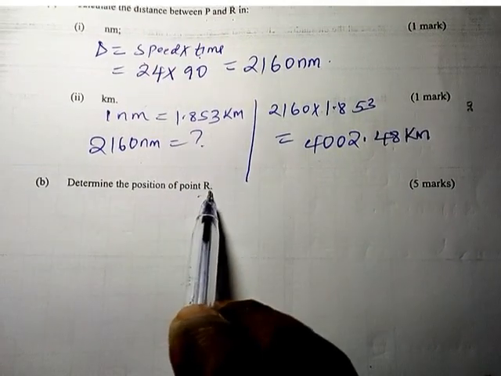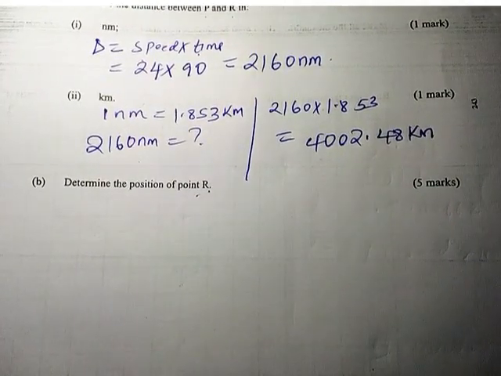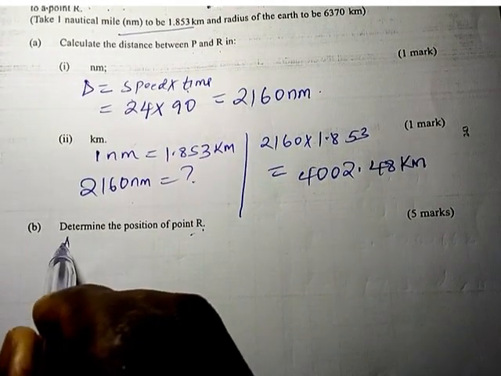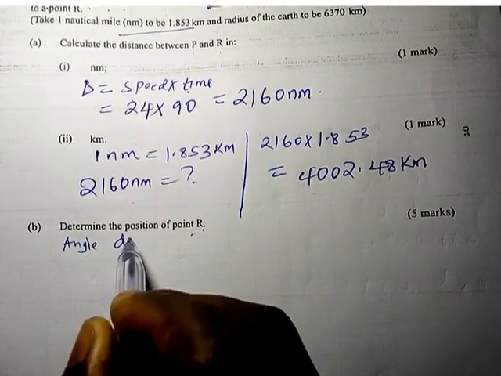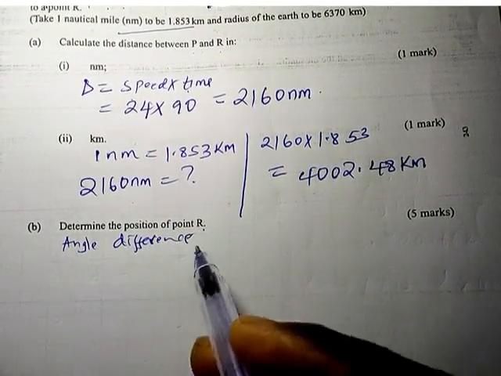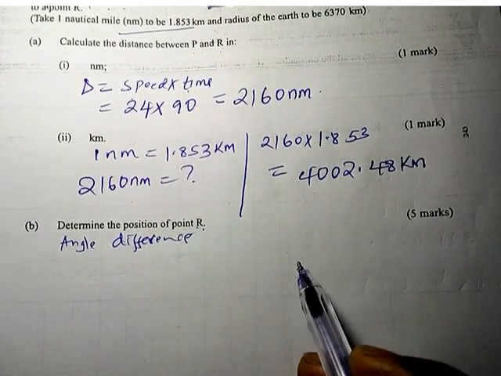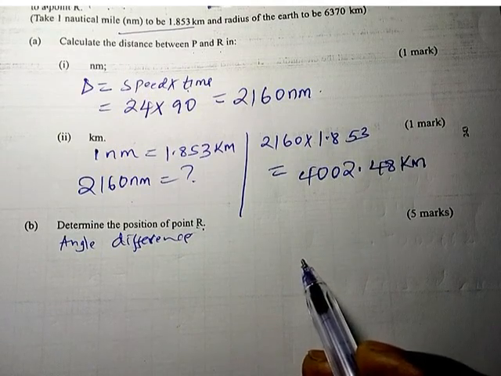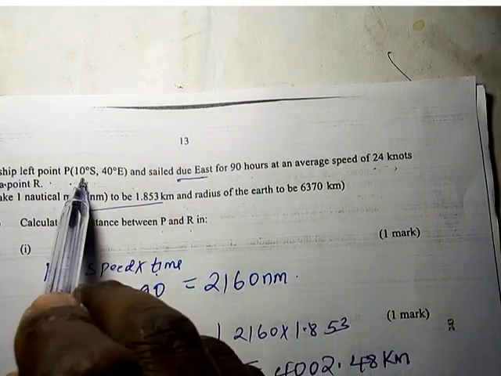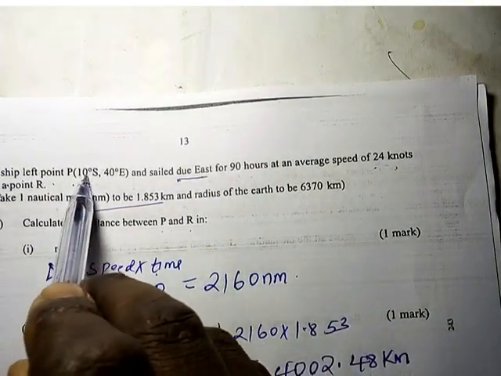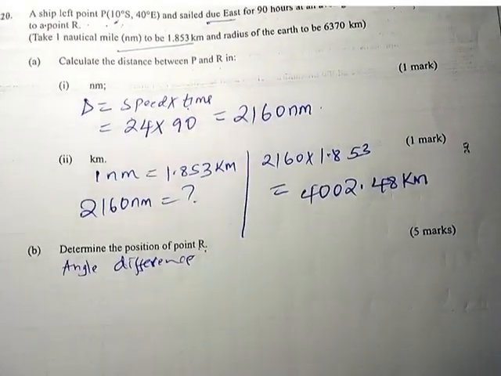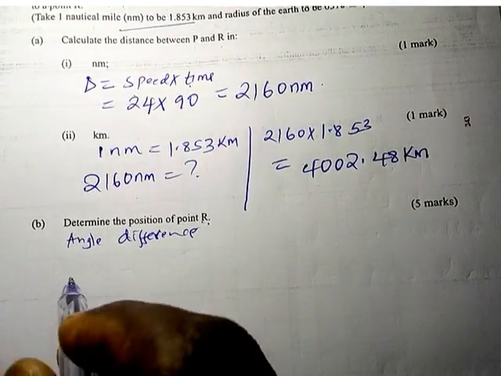Determine the position of R. To get the position of R, first we get the angle difference. We have point R, we don't know where it is, but we have the distance in nautical miles. This is automatically a small circle because the latitude here is 10. So you know how to get the distance on a small circle.